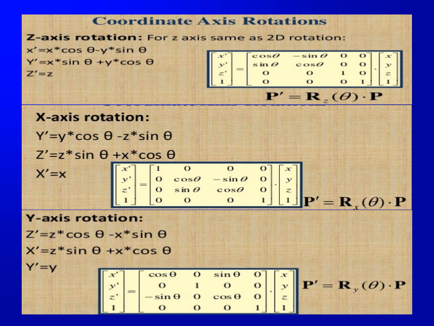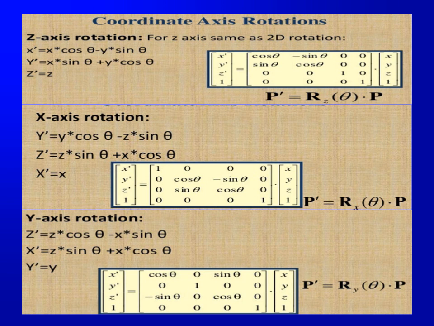Whenever we multiply the rotation matrix and the old coordinate matrix, or you can say the vector, then we get this equation.